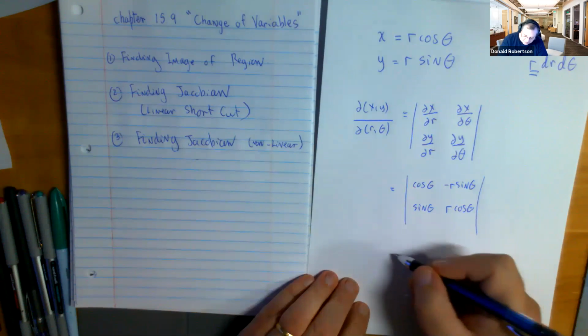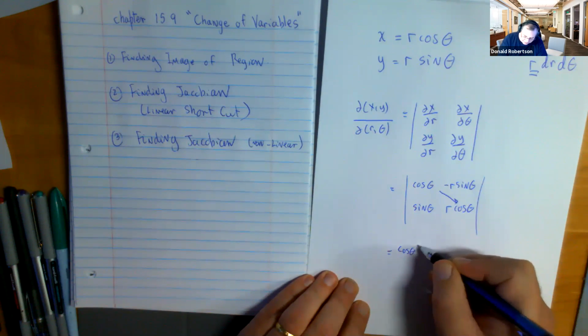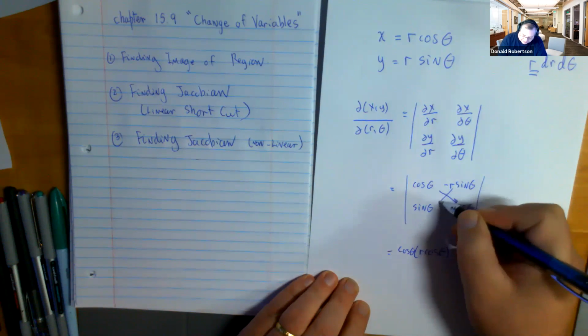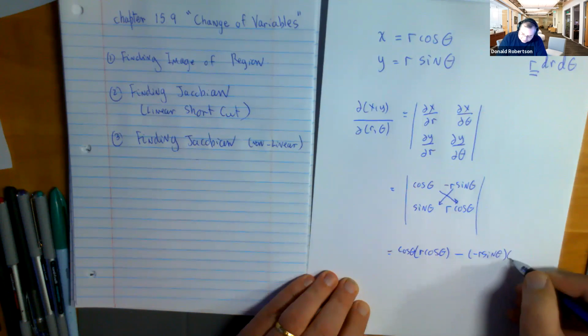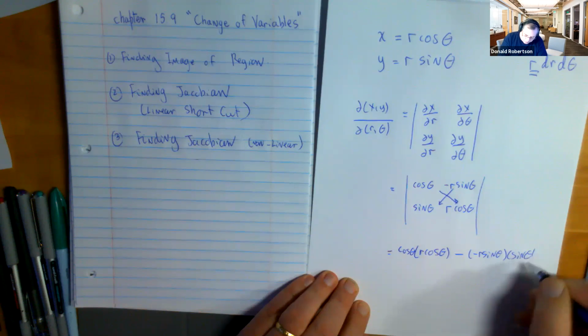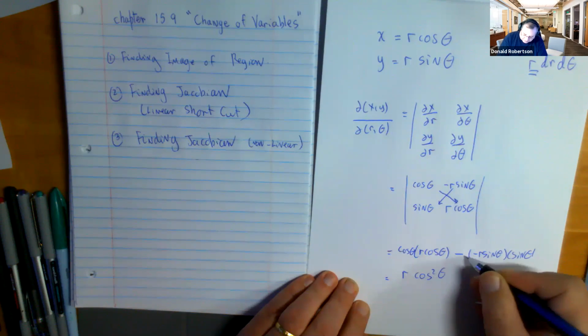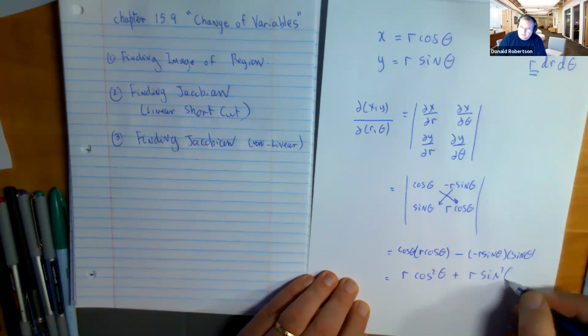Now, major diagonal is cosine theta times r cosine theta. Subtract minor diagonal, negative r sine theta times sine theta. And we get r cos squared theta, two negatives make a plus, r sine squared theta.